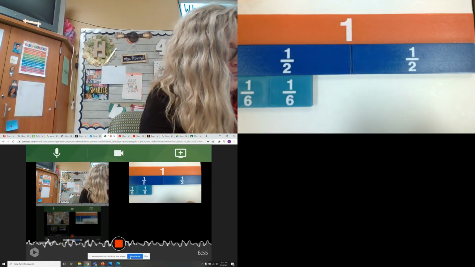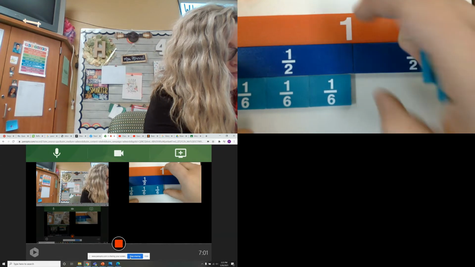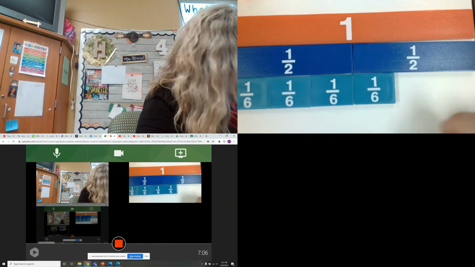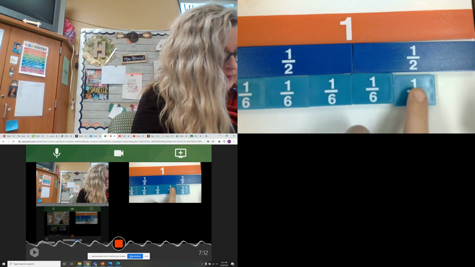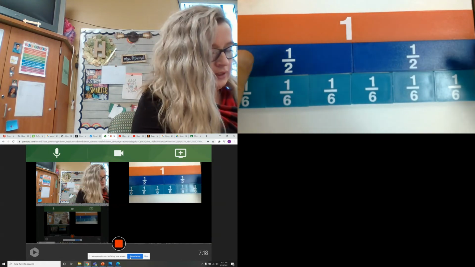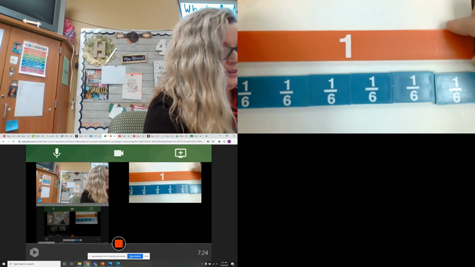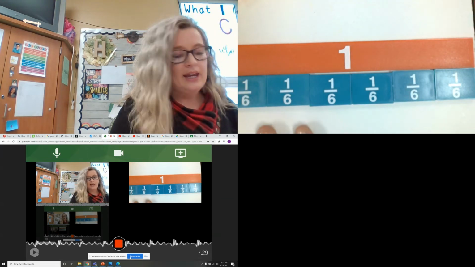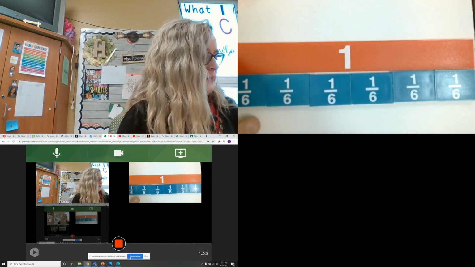So that meant that I cut that half into 6 pieces. 1, 2, 3, 4, 5, 6. So this is 1/6 of the whole. So let's move the halves out. So pretend that I just cut the red one into 6 pieces. If I gave those pieces away, each person would get 1/6 if I had 6 people to give them to.